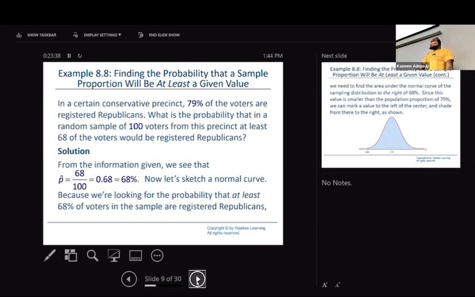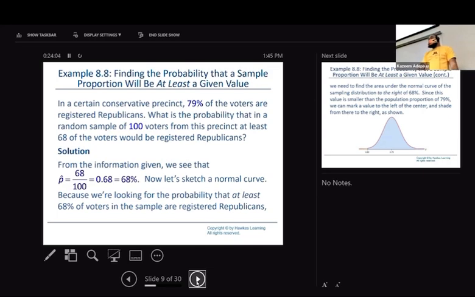Using the formula I showed you before, the sample proportion p cap is the ratio of the number with the characteristic of interest to the sample size. Here it is 68 divided by 100. That will be 0.68 in decimal, and 68% in percentage.